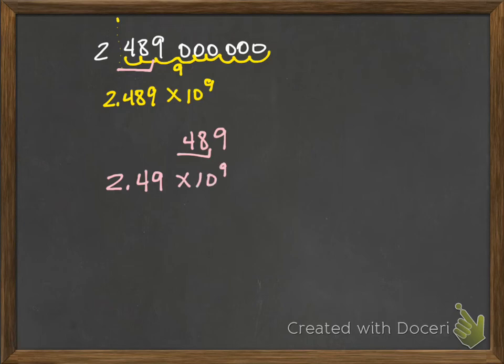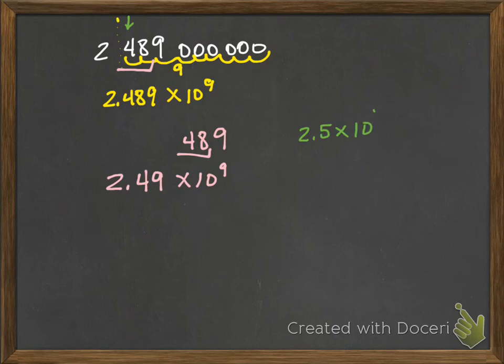If I wanted just 1 decimal place, the number to the right of that is an 8. That's definitely bigger than a 5, so I'm going to round up. So this will be 2.5 times 10 to the 9th.